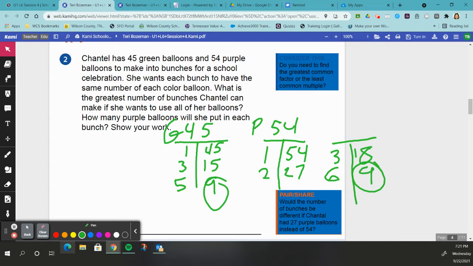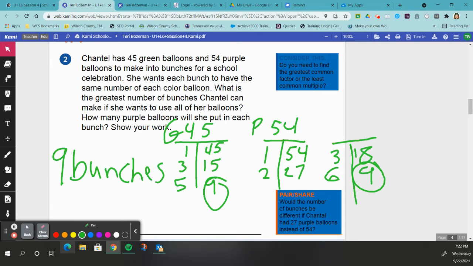So she can make 9 bunches of balloons. So she can make 9 bunches, and then they want to know how many purple balloons that is.